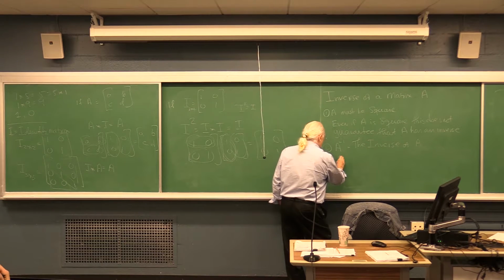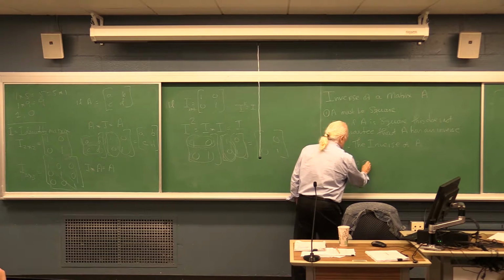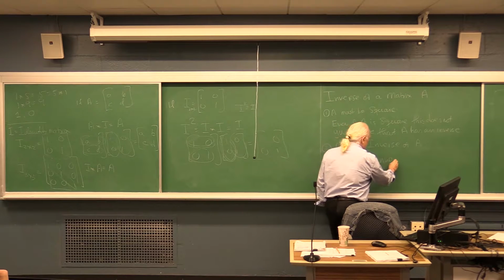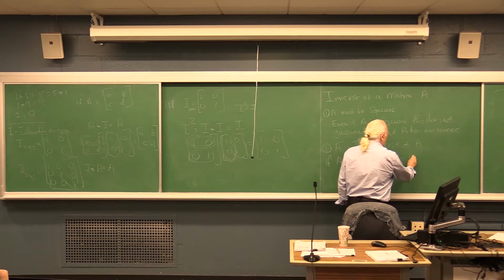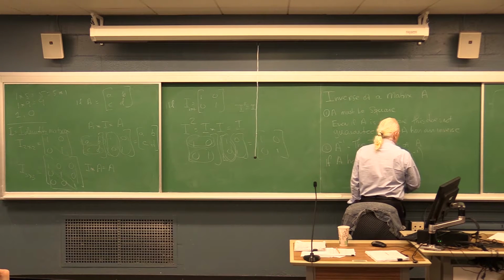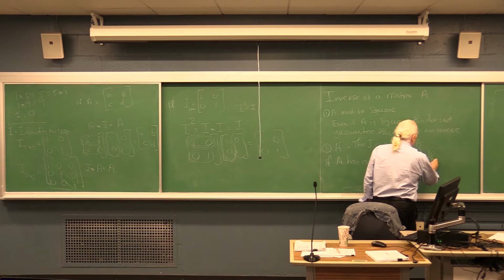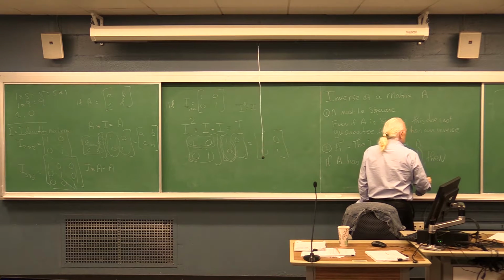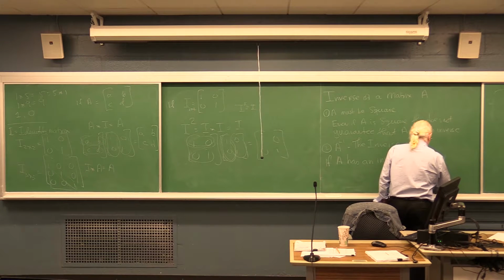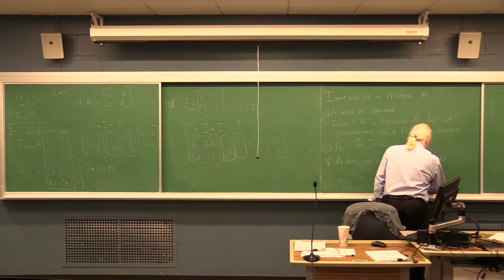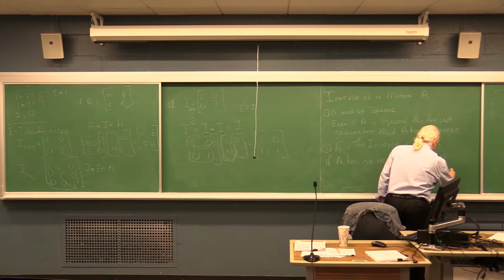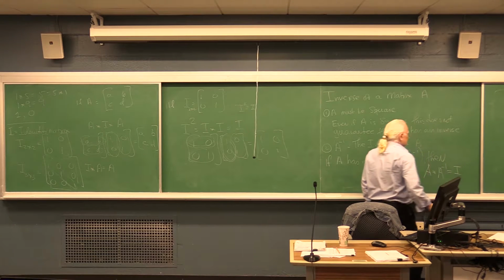If A has an inverse, then A times the inverse must be equal to the identity.